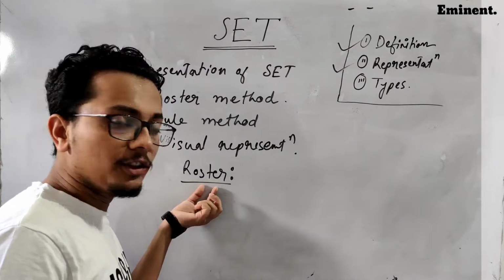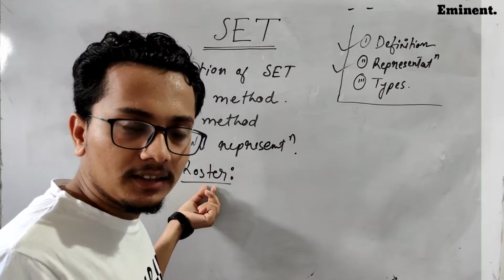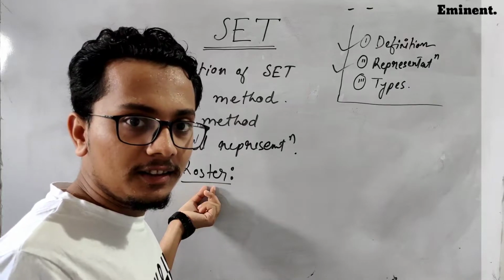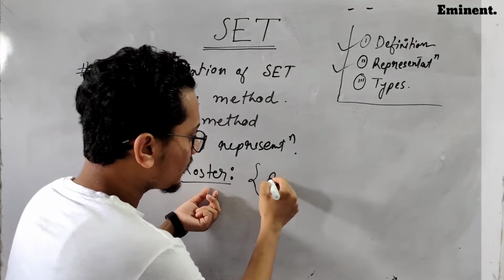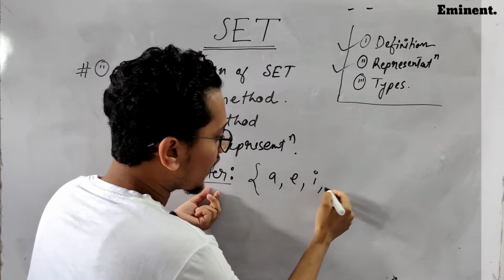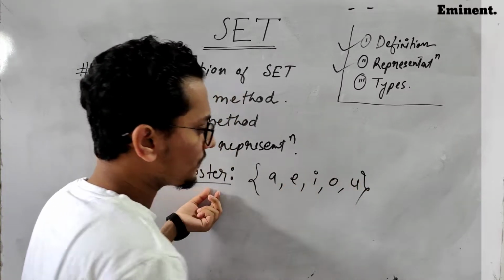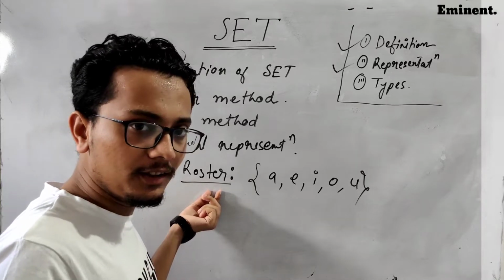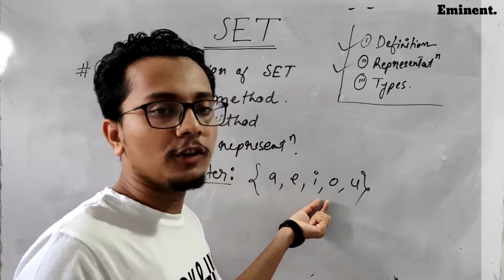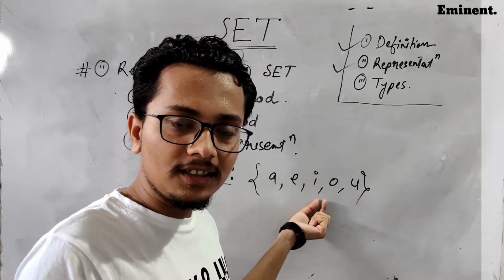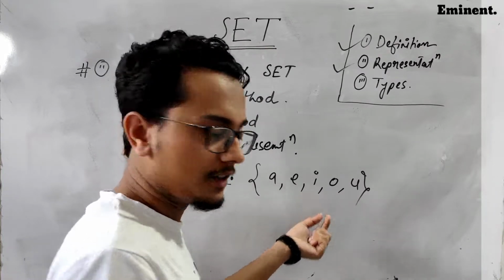Then in the roster method, if you want to write this set, you can write just A, E, I, O, U. Here in the roster method, elements are listed and separated by commas. This is exactly what the roster method is.